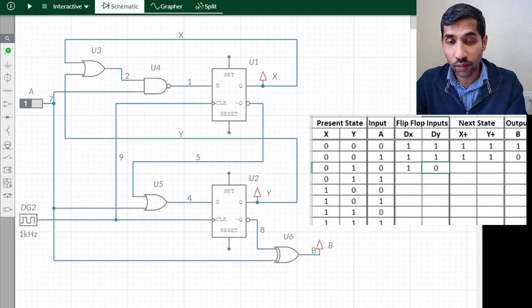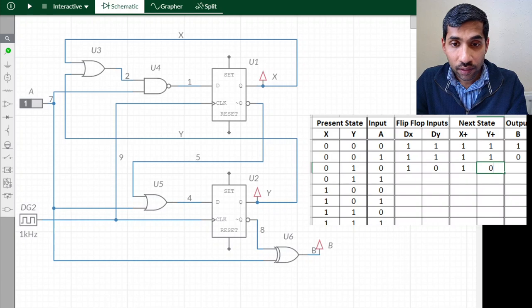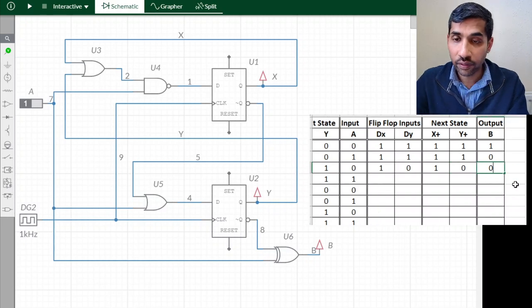So this is going to be equal to 1, right? And what is the next state then going to be? This is going to be 1 and 0. And what is the output going to be? This is going to be 0, this is also 0, so exclusive OR, this also becomes 0. So you get a 0 here.